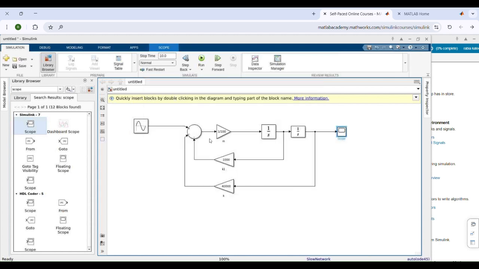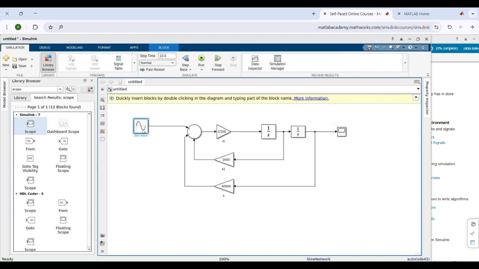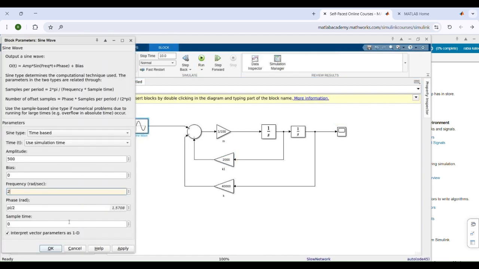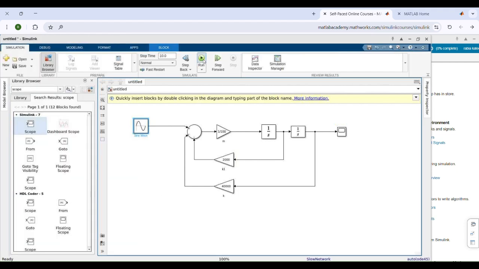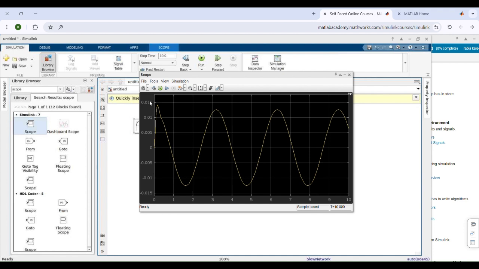Now let's go to another condition, which is 2000, and start from 2. Apply and OK. 1. If you see, here is more uniform than before.